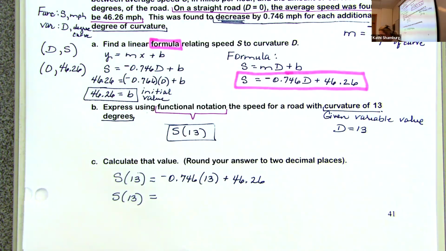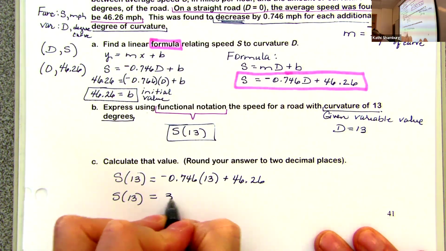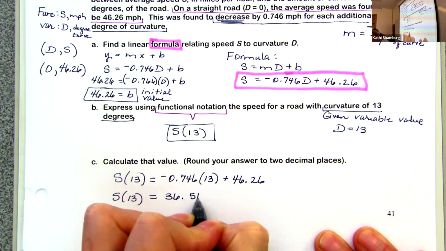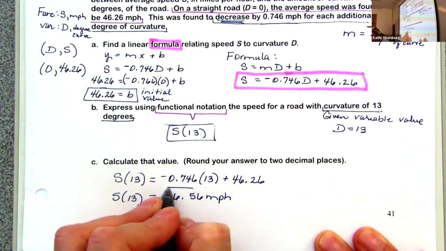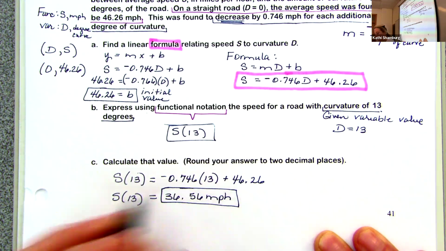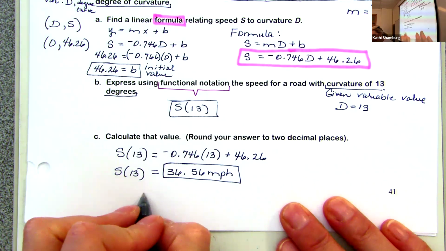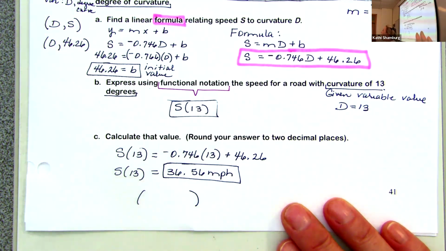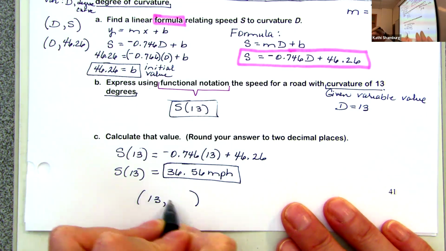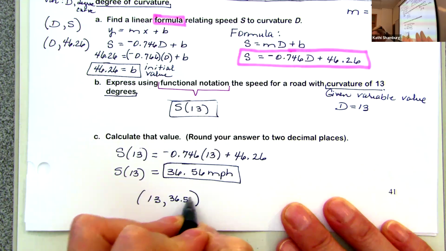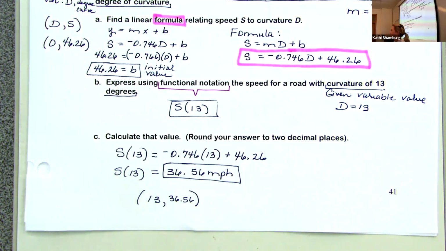36.56. Thank you. And what are we talking about here? Miles per hour. If I asked you to write that as an ordered pair, what would it look like? 13, this... Sorry, not 36.